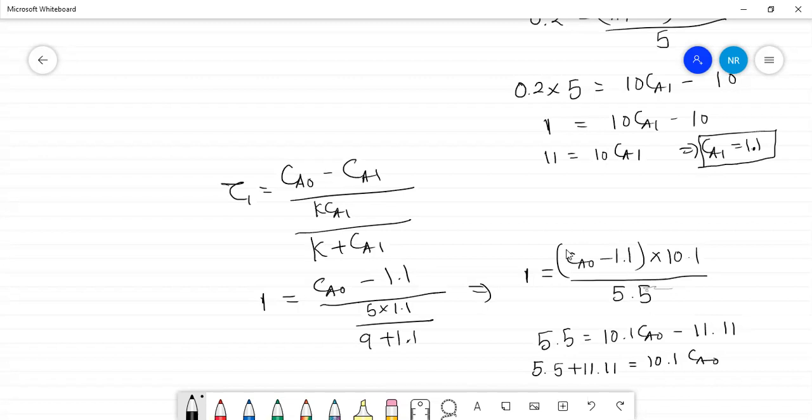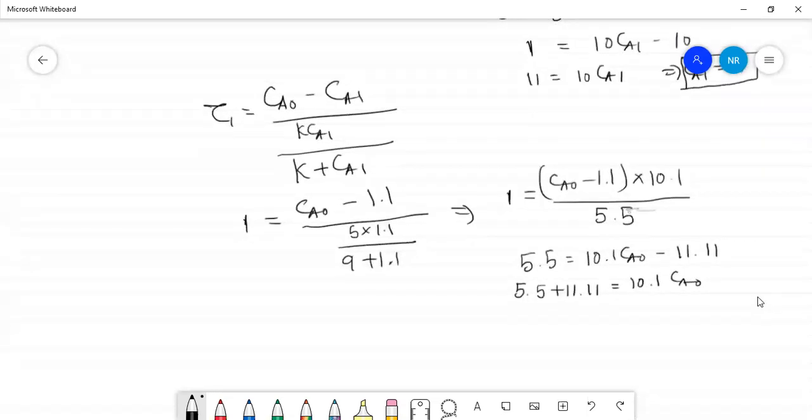So 11.11 plus 5.5 is 16.61. 16.61 is equal to 10.1 CA0.